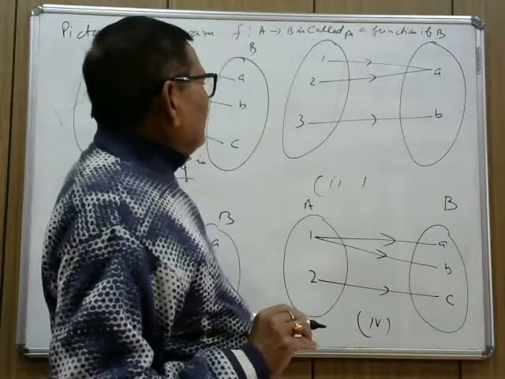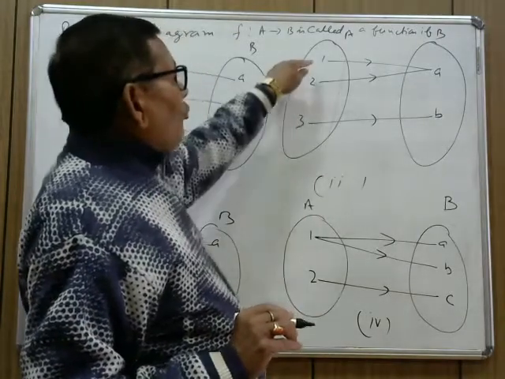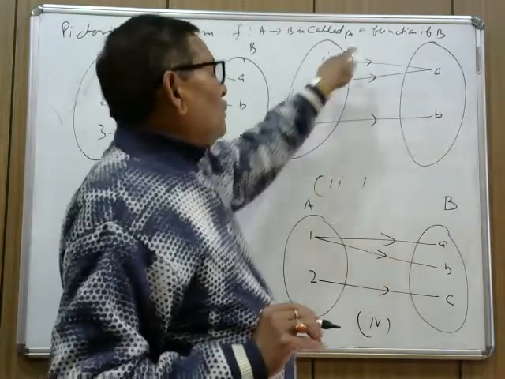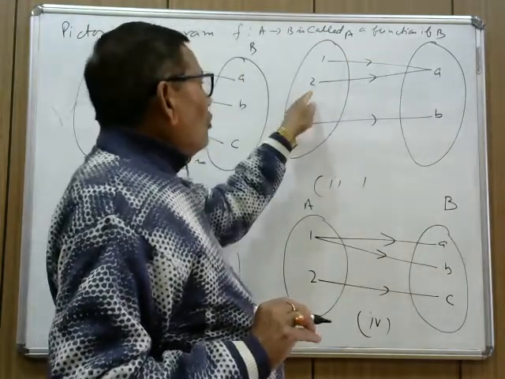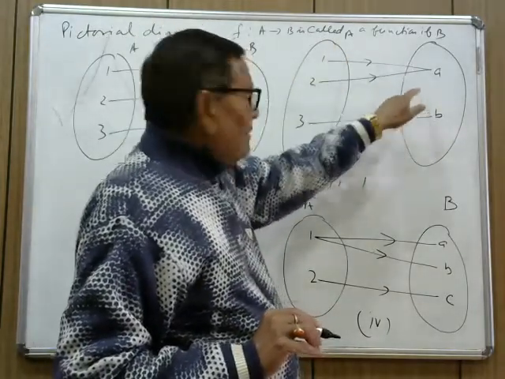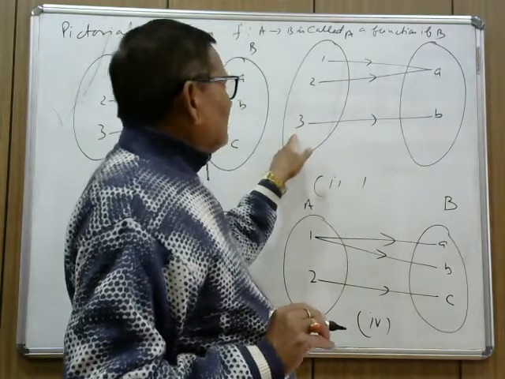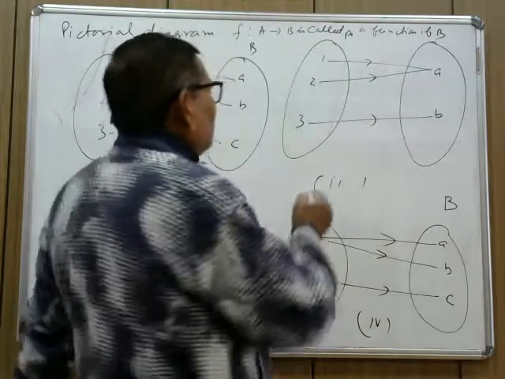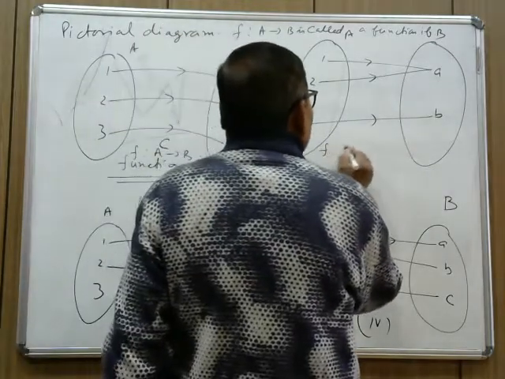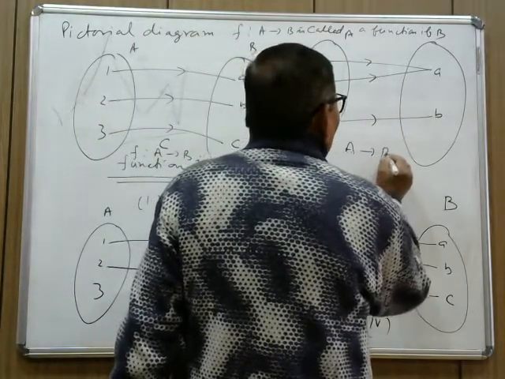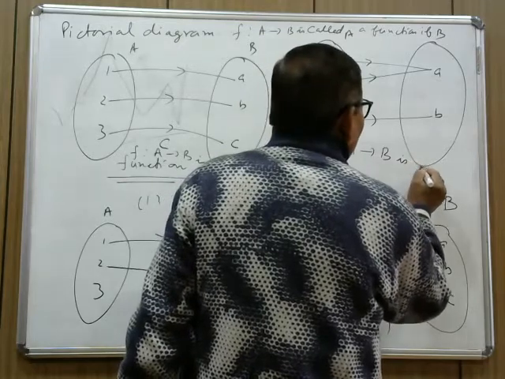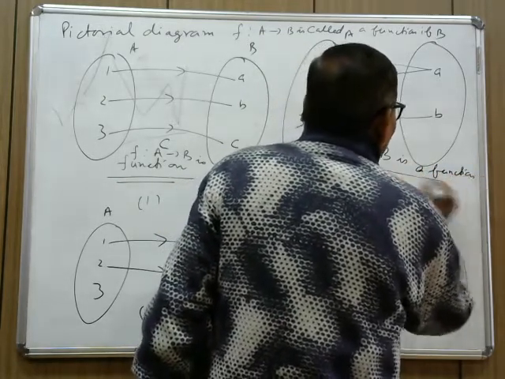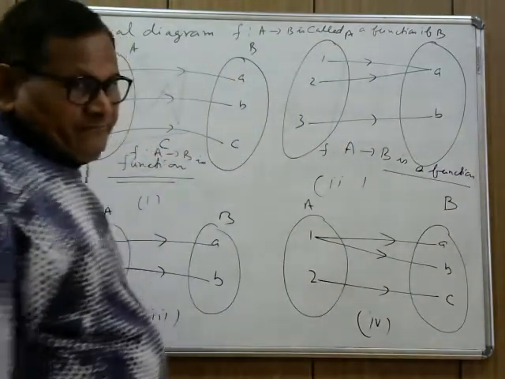Now for the second condition: 1 has one and only one association, that is, a unique association. 2 has a unique association, and 3 is uniquely associated with B. So this relation is also a function, because both conditions of a function are satisfied.